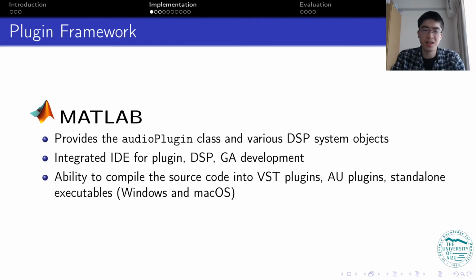And the IDE that MATLAB includes also makes it easy for us to develop the plugin, the DSP, and our genetic algorithm all in one place. And the source code can be compiled into some popular plugin formats such as VST, or Virtual Studio Technology, or audio units for macOS, for example.